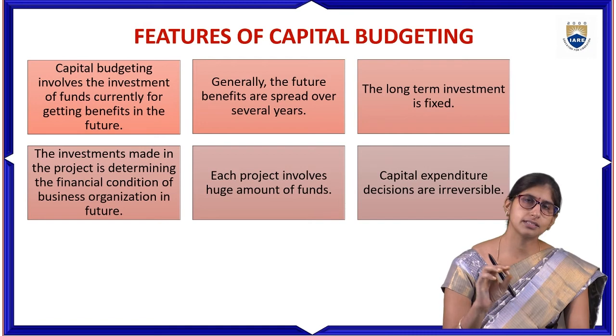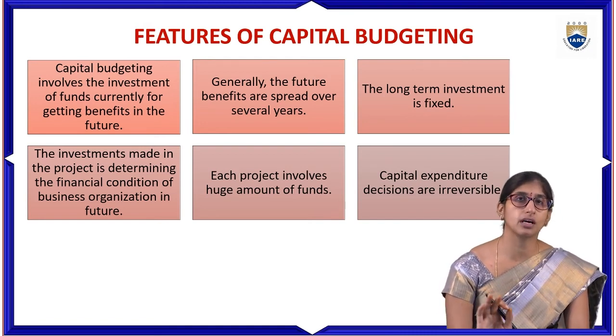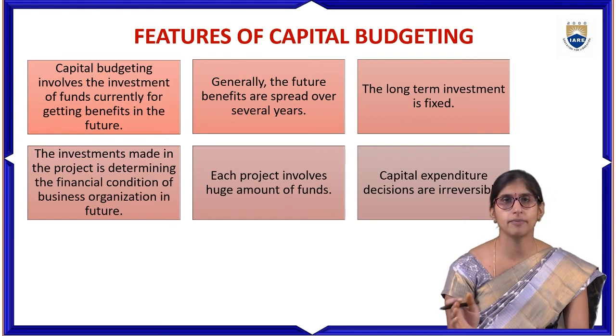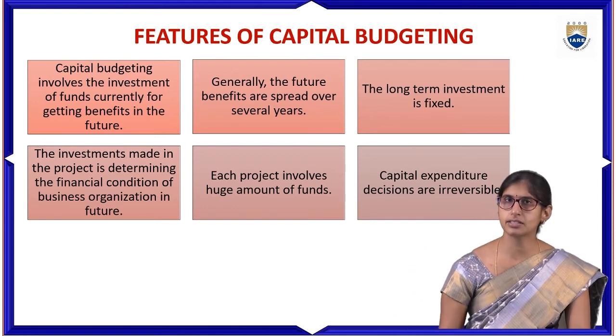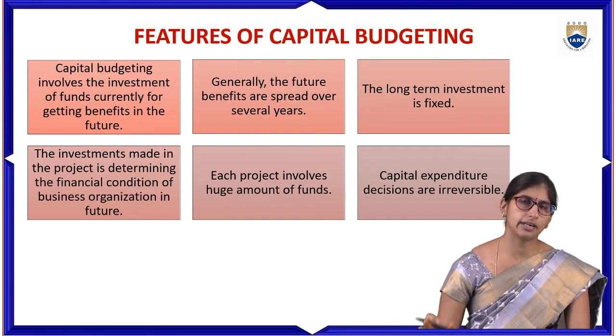So once the investment is committed, one cannot withdraw from that particular project. The capital expenditure is committed to that, right? So all the fixed assets are bought, all the buildings are constructed, and everything is done.